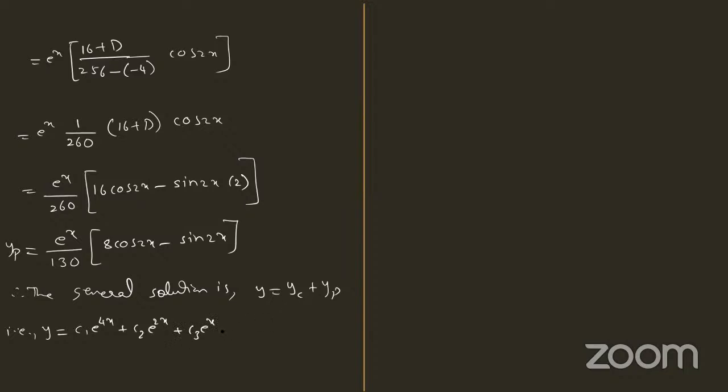This is your complementary function, plus the particular integral you got, e power x by 130 into 8 cos 2x minus sin 2x. So that is how you can calculate the solution of this differential equation.